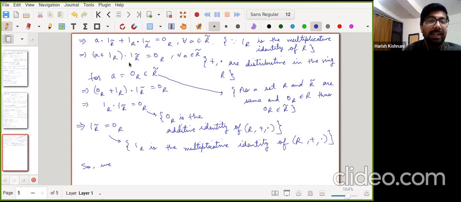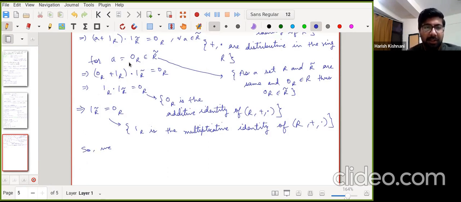So the job is not yet done. We have to check that 0 of R is the multiplicative identity.